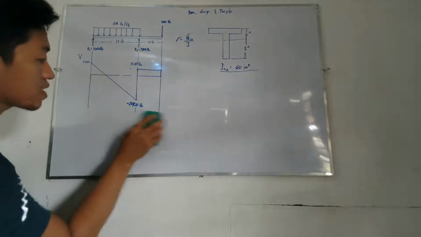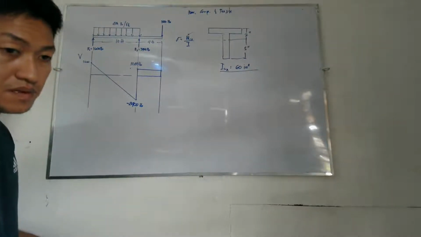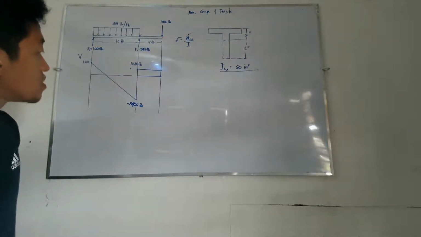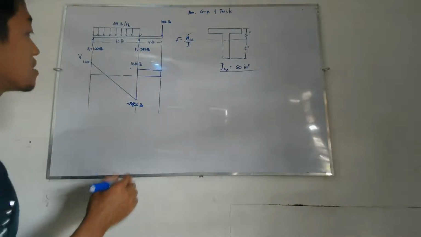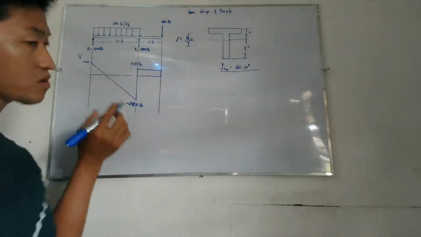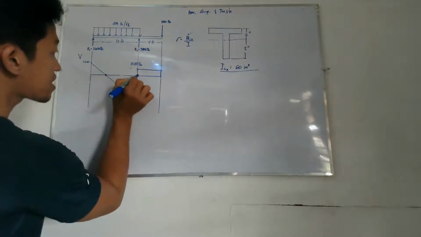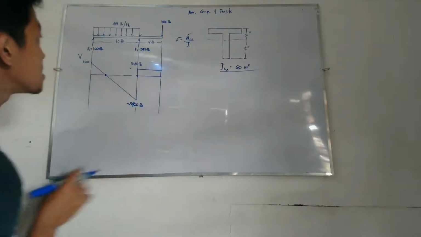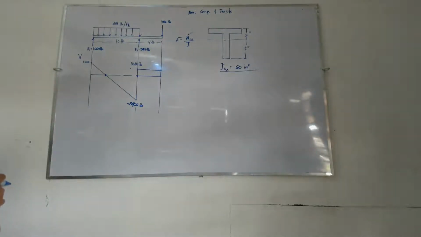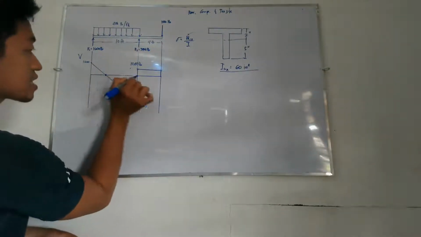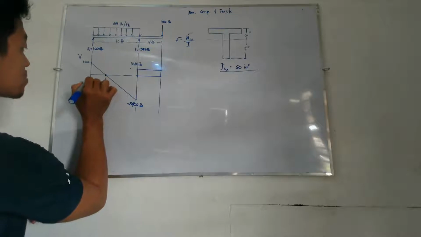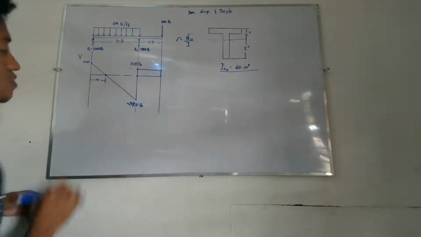Pwede pod nato i-drawing ang moment diagram. Para sure. Okay. Maximum moment will occur at zero shear sa imong shear diagram. Possible lang dari aning duha. Unsa ni siya? Unsay length ana?